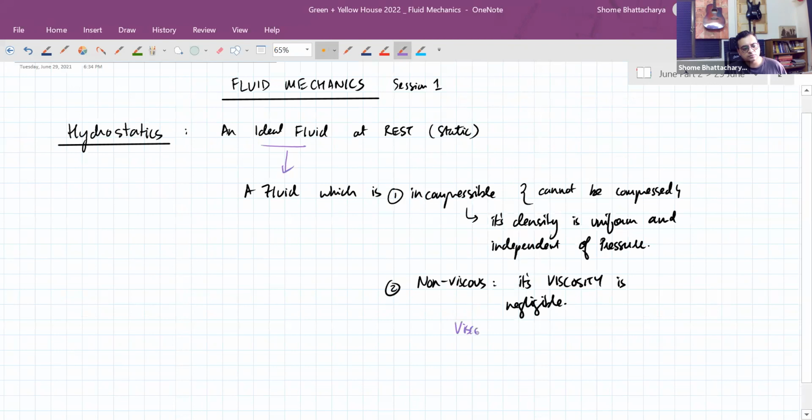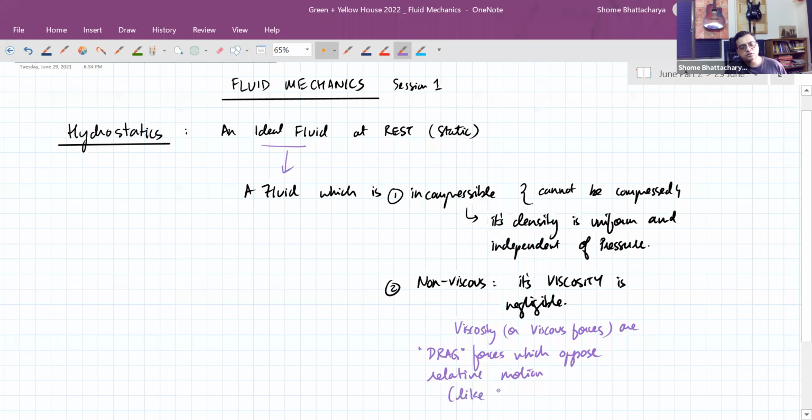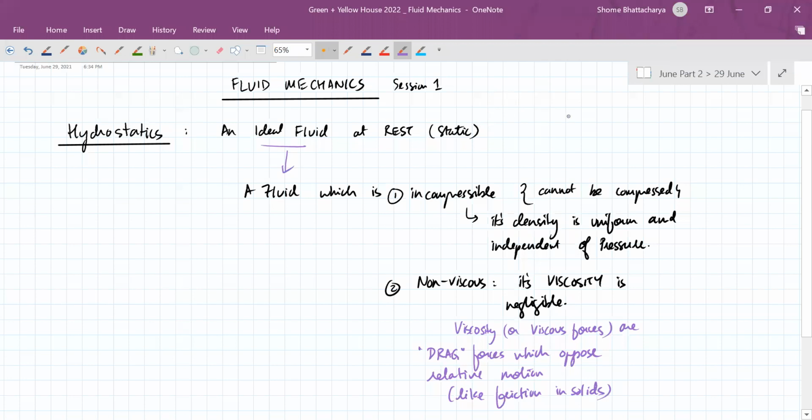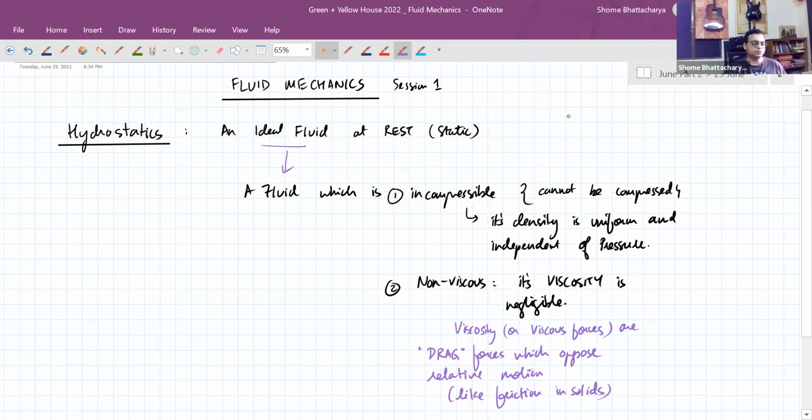So viscosity, or viscous forces, are drag forces which oppose the relative motion, like friction in solids. The equivalent of that in liquids is called viscosity. So an ideal fluid is one which is non-viscous, where the viscosity is negligible or almost absent.